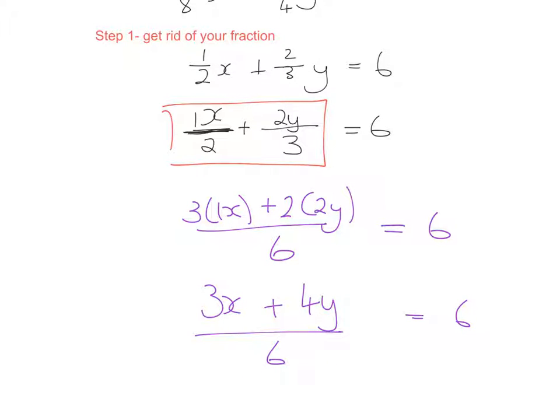I can do that through balancing. If it's a divide by 6, if I multiply it by 6, they should cancel. But what I do to one side, I must also do to the other, so I'm going to multiply this by 6 as well. Now the division by 6 and the multiplication by 6 cancel, and I'm left with a normal straight line equation, which means there are no fractions in it.